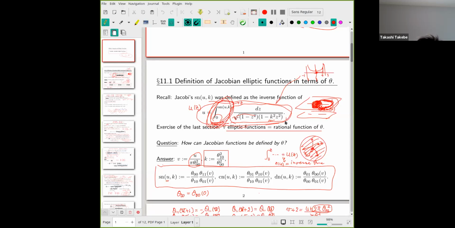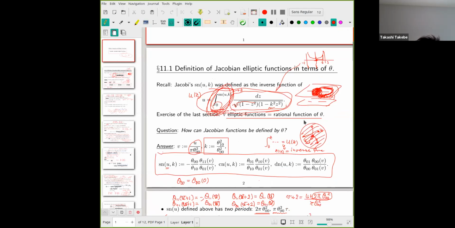And also we introduced a complex Sn probably 1 month ago by using the inverse of the Abel-Jacobi map.